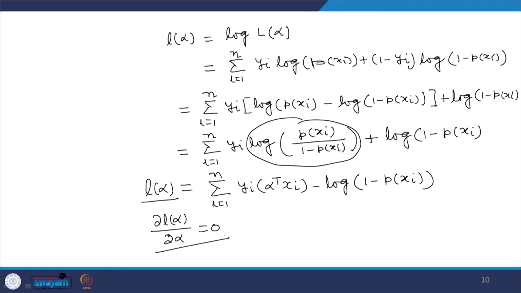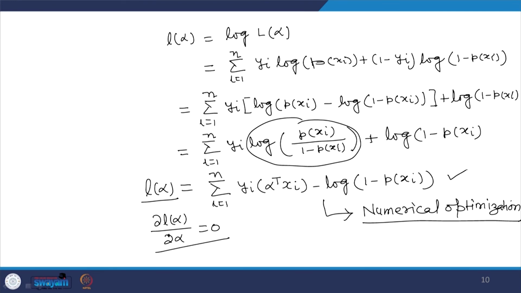So, what is the solution? I will apply a numerical optimization technique, which you will learn very soon in the optimization module of this course, to maximize this function. One choice may be gradient descent.